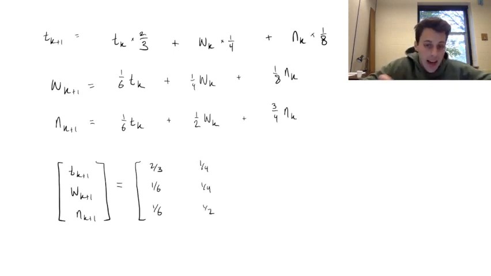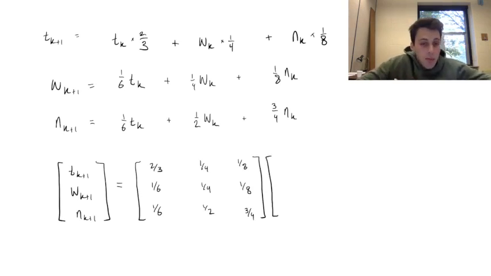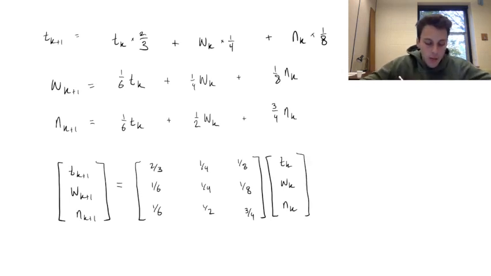And our last column, nk, is 1/8, 1/8, and 3/4. And this is our matrix, and it's being multiplied by this vector, and this is just tk, wk, and nk. So this matrix vector product is just describing the system of equations that we've written above. Notice that first column is our tk column, our wk column, and our nk column, right? So you need to make sure that it's set up in this order.